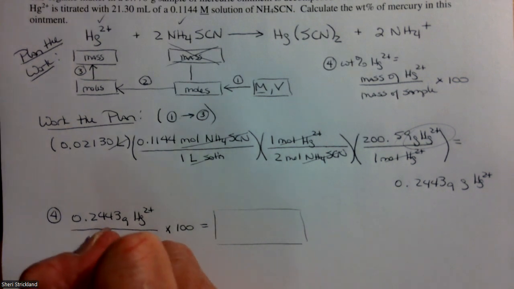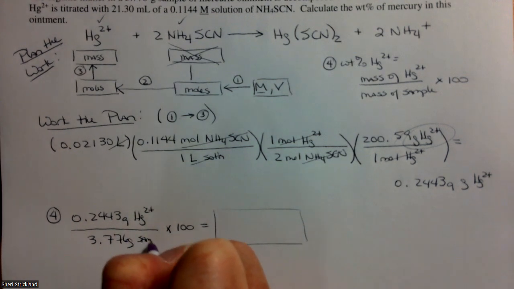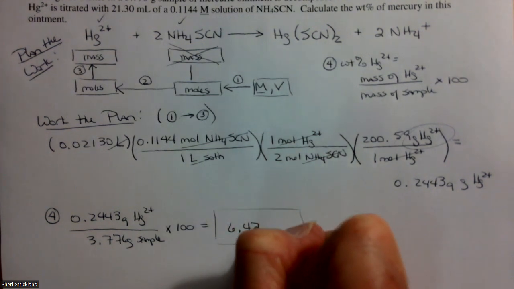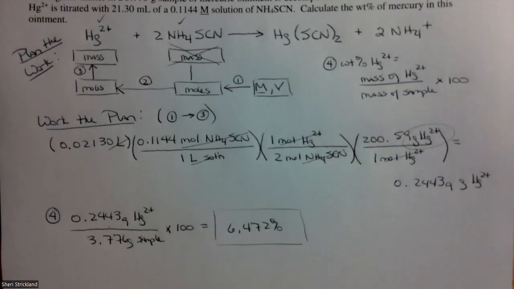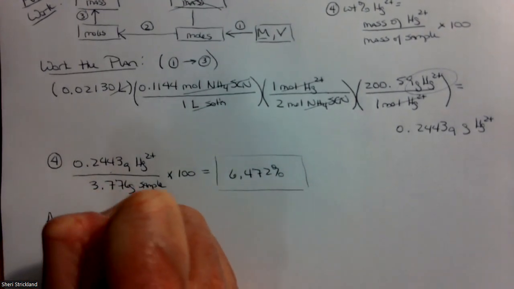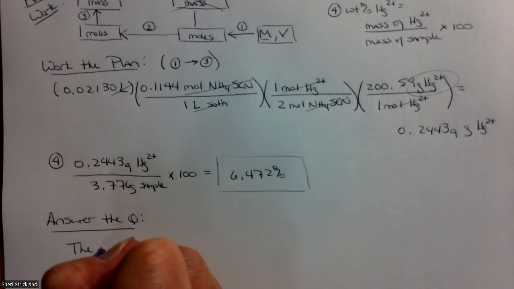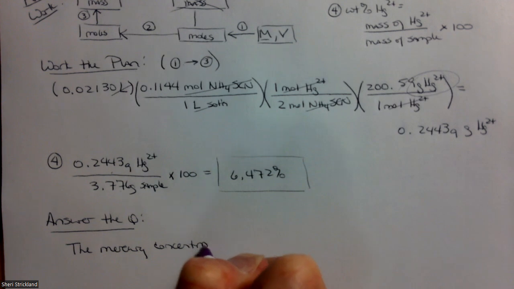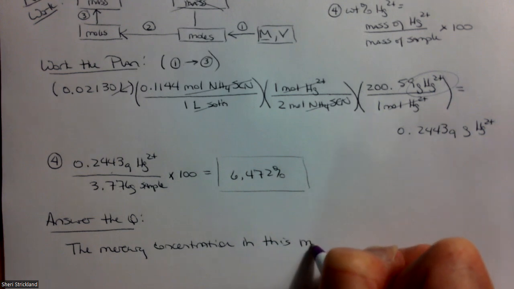Back. So we started with 3.776 grams of the sample, the ointment. And when you do the math, this is 6.472%. 4 significant figures here, 4 significant figures there. So, to answer this question, say mercury concentration in this ointment, this mercury ointment.